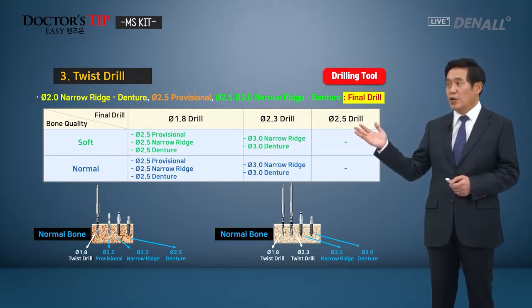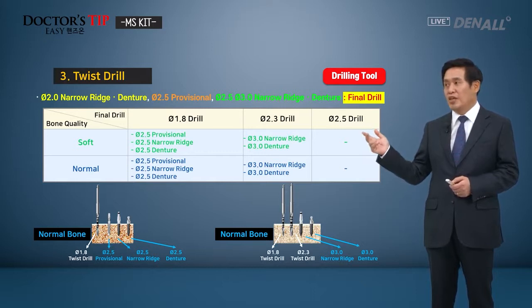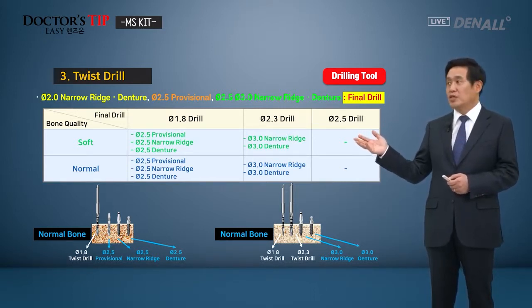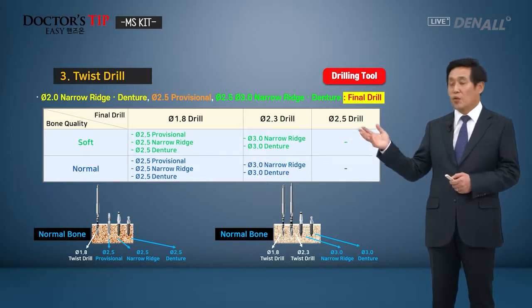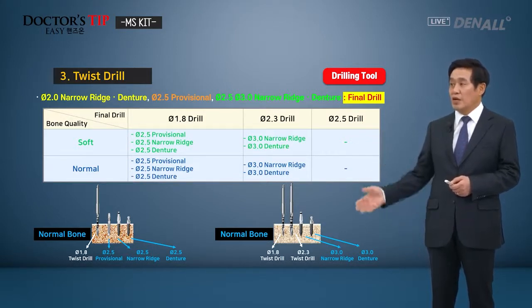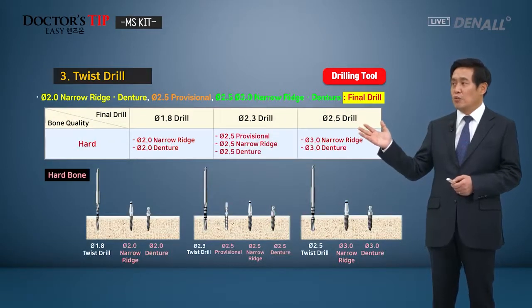So let's say if it's the same dimension, initial stability might be weaker. So it's not very often that the MS type is used for soft bone. So if possible, maybe a shorter sequence might be better. And in the mandible anterior, it's very hard bone.